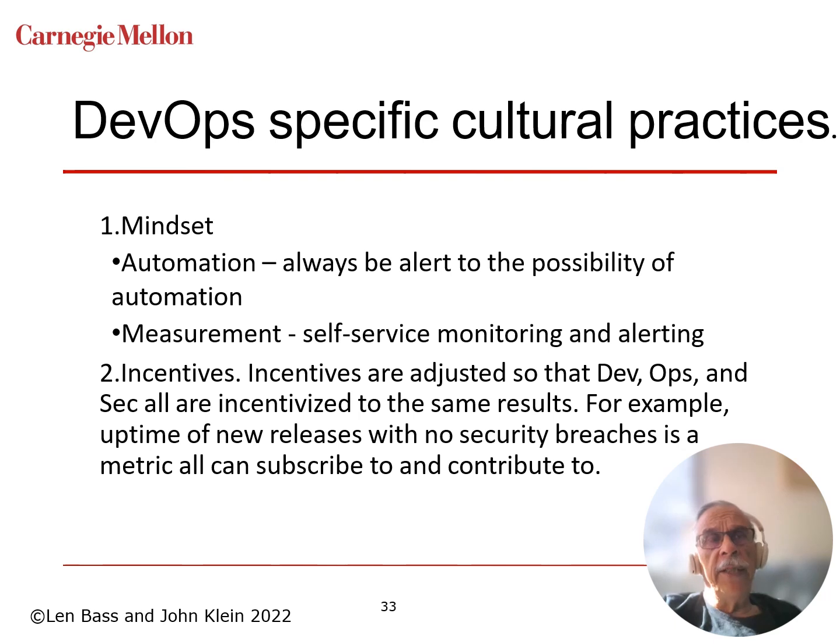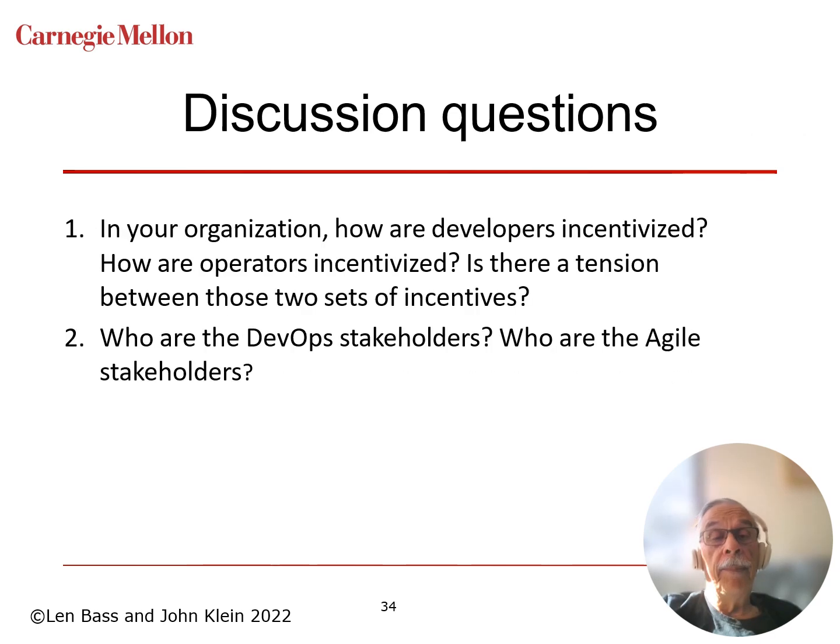If that's your incentive, then that's the way you're going to operate. So the discussion questions. In your organization, how are developers incentivized? How are operators incentivized? Is there a tension between developers and operators? And who are the DevOps stakeholders? And who are the Agile stakeholders? And there's a difference.